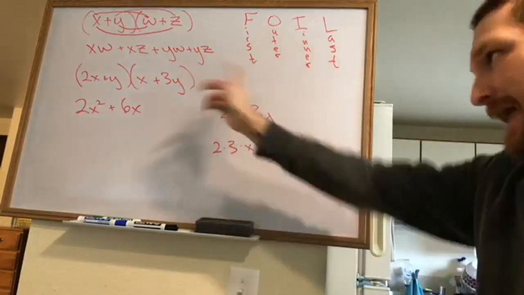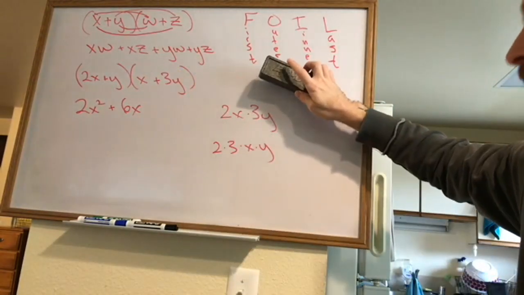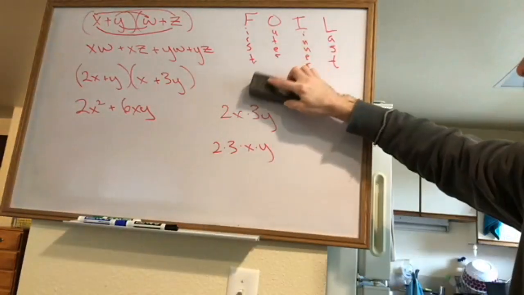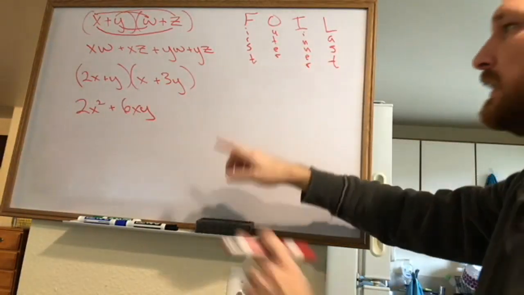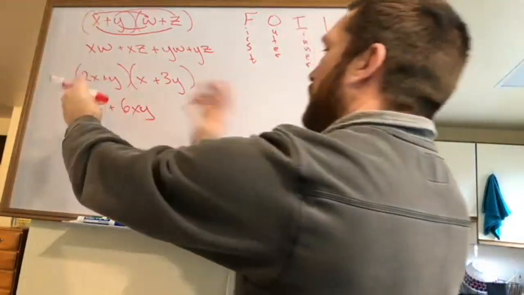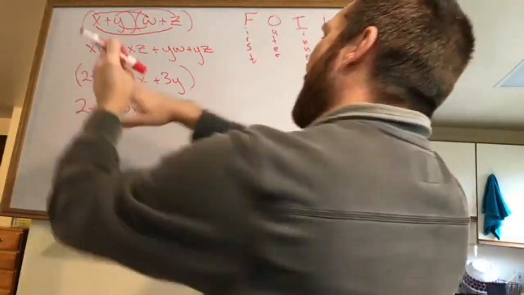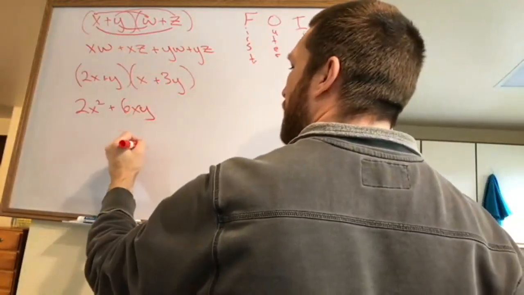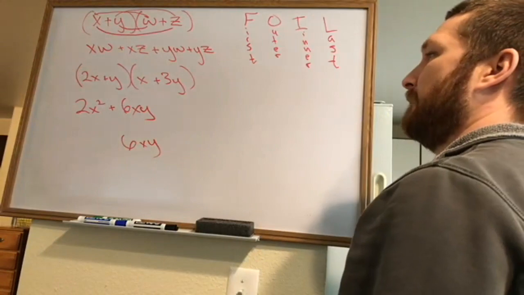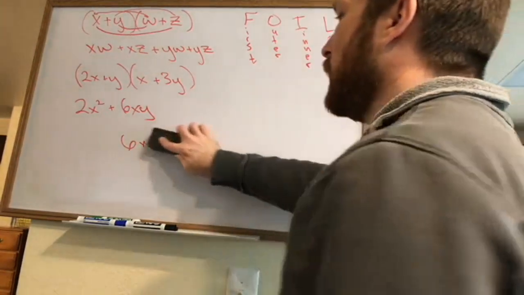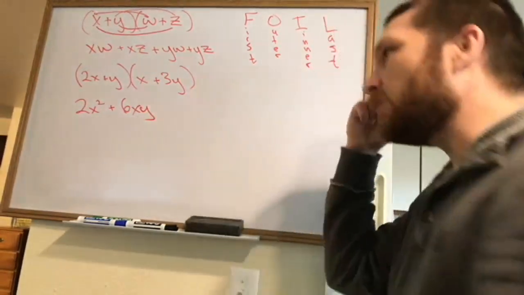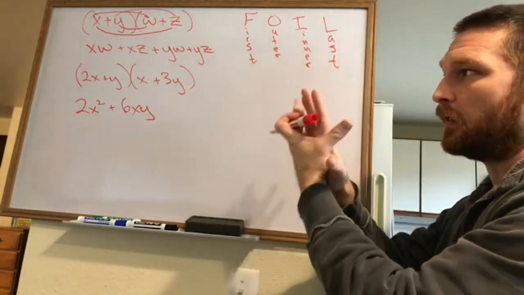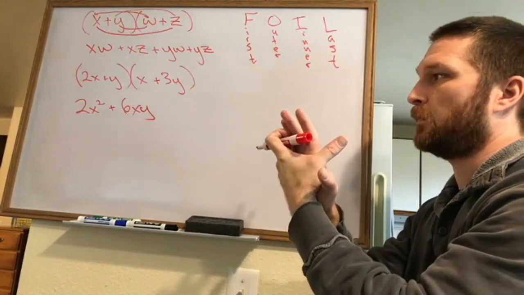And if I were going to do this one, what would go through my brain is, okay, first 2x and x squared, okay, 2x squared. Outer 2 and a 3 make 6. X times a y is an xy, just like that.